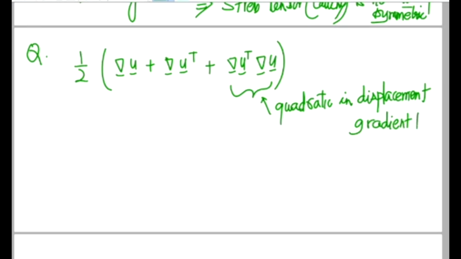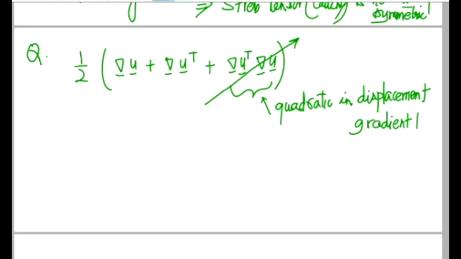For linear elasticity, displacement gradients are assumed to be very, very small. So del U1 by del X1, for example, would be of the order of 0.1 or 0.01. When you take its quadratic combination, for example, del U1 by del X1 into del U1 by del X2, that's going to be even smaller. Therefore, in linear elasticity, we neglect this quadratic term and we only retain the linear terms in displacement.